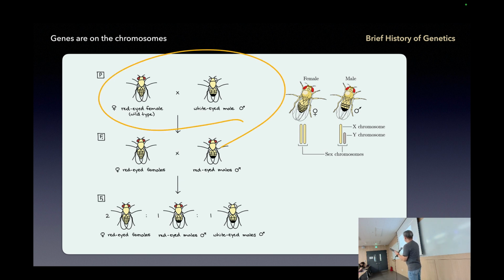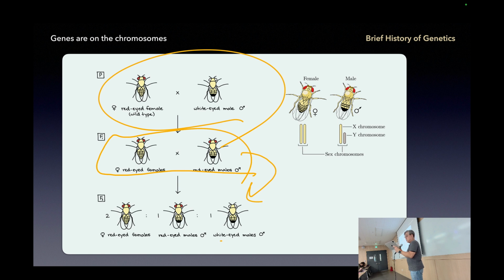If you cross a female wild type and a male mutant, then as expected, everyone in the first generation showed the wild type red eye color. Okay, fine, there's no problem. But in the next generation, there was something weird in terms of the sex ratio.